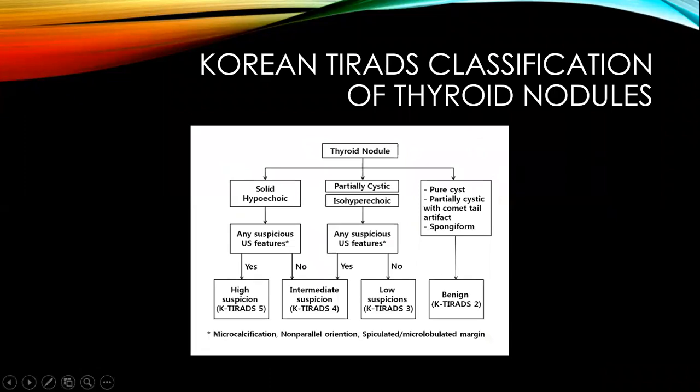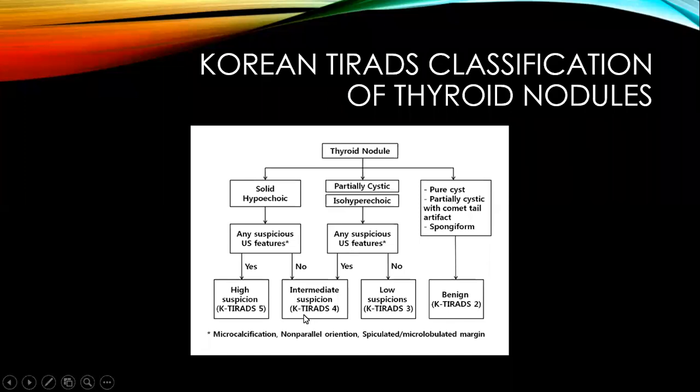Then we also have the Korean TI-RADS. On this one, the purely cystic lesions, and those which are partially cystic with comet-tail artifact, and spongiform lesions, are all benign and they are classified under TI-RADS 2. Then on the partially cystic lesions or those which are iso- or hyperechoic, if there are no suspicious ultrasound features, then we classify it as low suspicion.